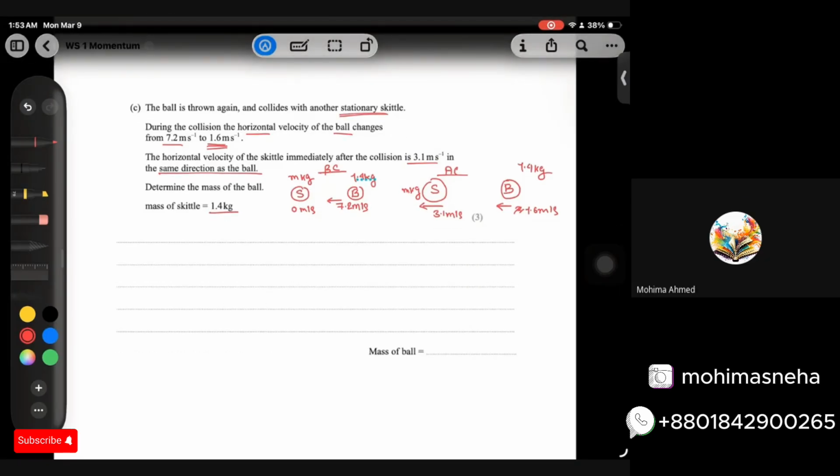Everyone is moving to the left hand side, so there's no point writing left is positive, right is negative here. We'll just write that the total momentum before collision is the total momentum after collision. Before collision, we don't have anything for the skittle, so I'll write 0 for that. 0 plus 7.2 times 1.4.